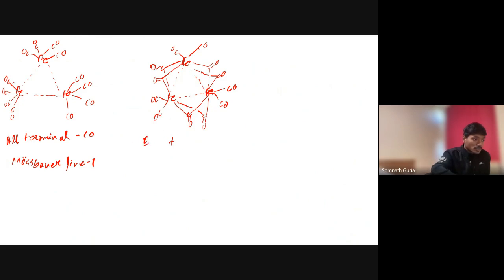each Fe, 4 bridge to terminal CO ratio. Each iron contains 2 bridge CO, 4 in terminal bridge CO and 2 terminal CO. Okay, and then here also we will get a Mossbauer line.